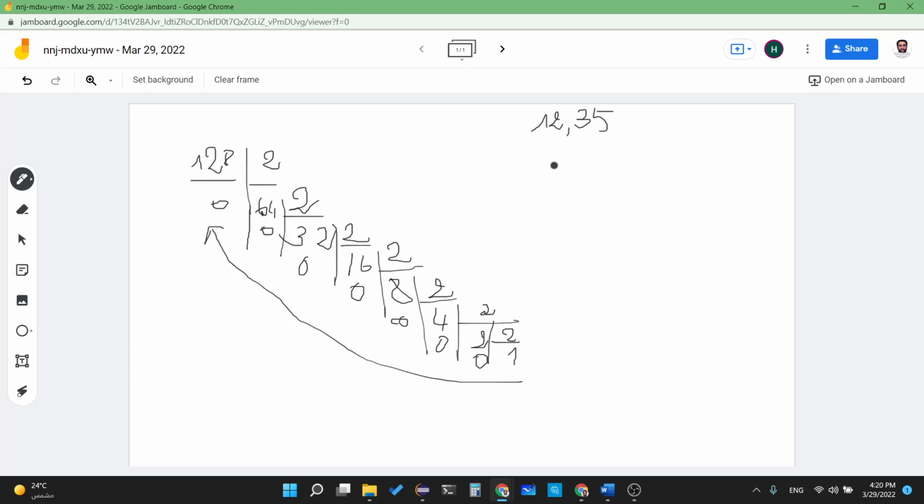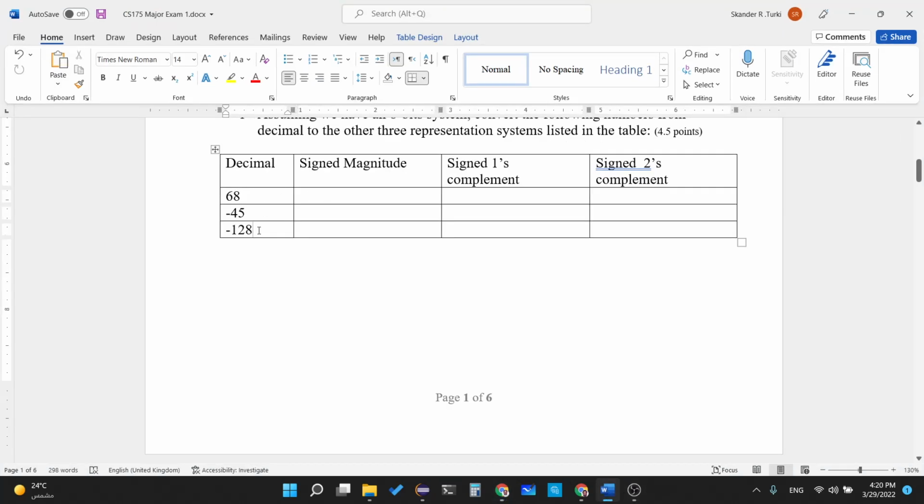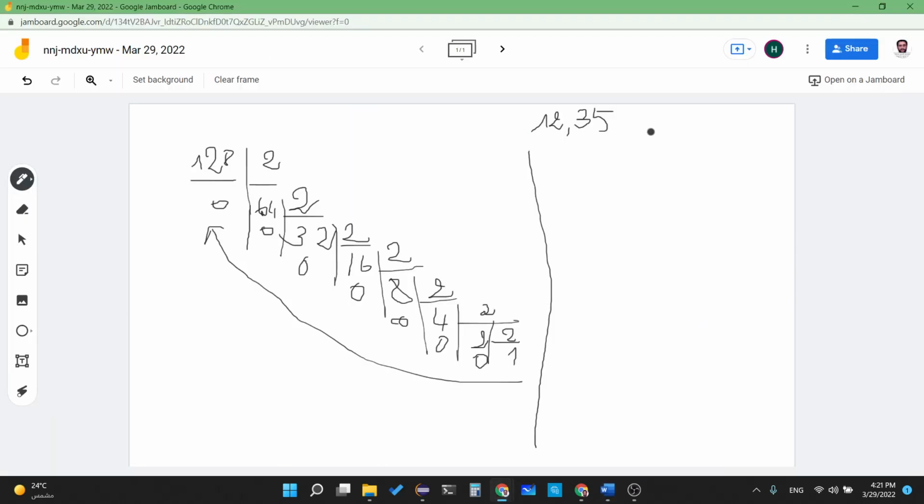So let's take this example here. These numbers, this was not in the exam last year, so we can try with 126, for example. So let's take this number. So you said you want to convert it to binary.